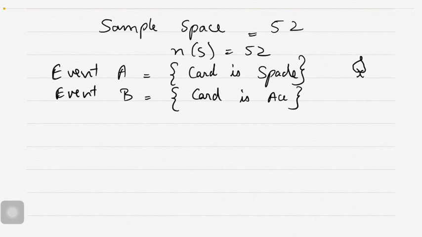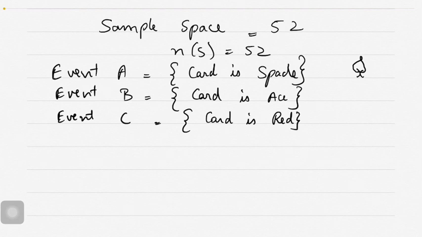Right? Ace means ekka. Event C: card is red. Okay, so I have named the events.